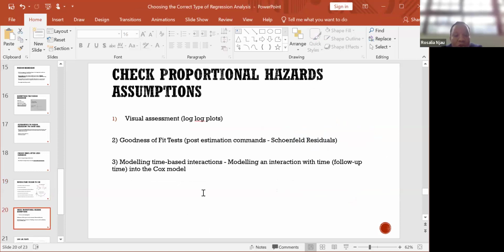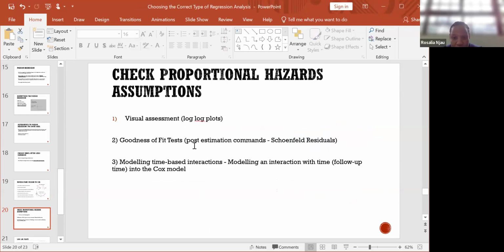So if that isn't the case, we have to do something about it. But how will we know that the proportional hazards assumption is not met? We can do a visual assessment using the log-log plots. We can try to see the goodness of fit.